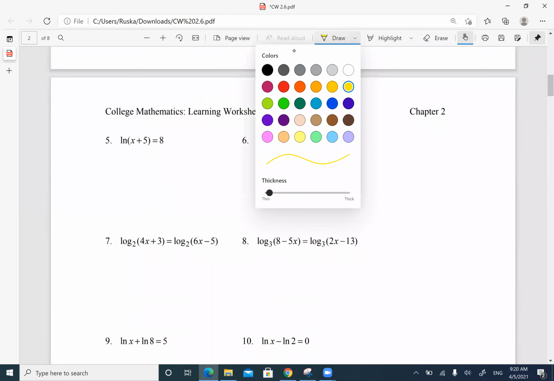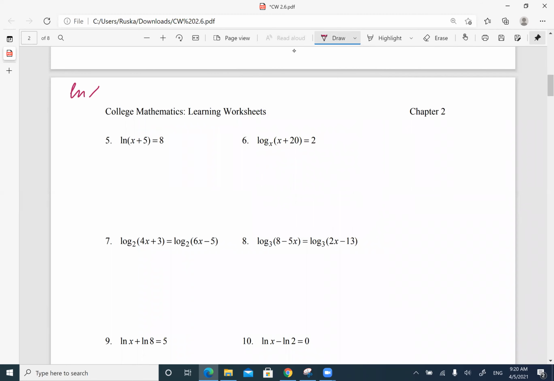So the first commonly used log is when you have ln. If you have ln of x, only ln, you should know that the base here is e, logarithm with base e of x. The base e is the Euler number, remember e is about 2.7.